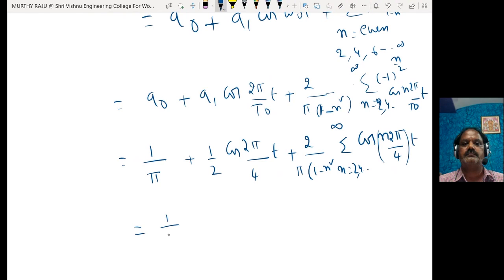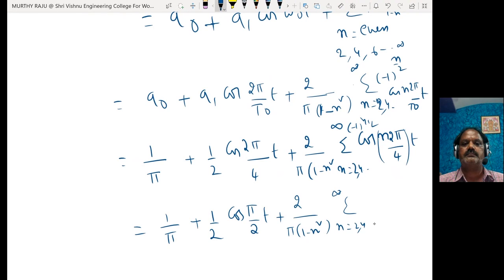That is equal to 1 by pi, plus 1 by 2 cos pi by 2 t, plus 2 by pi into 1 minus n square, minus 1 whole power n by 2, sigma n is equal to 2, 4, and so on to infinity, minus 1 whole power n by 2, cos 2 n pi by 4, that is pi by 2 t.